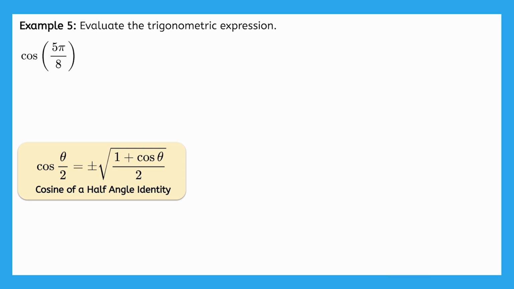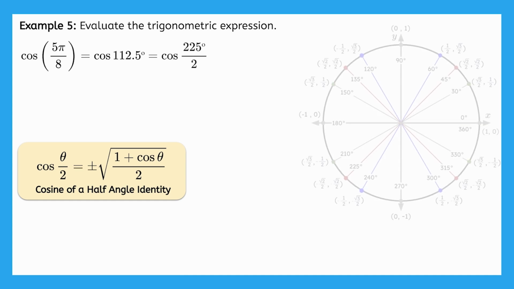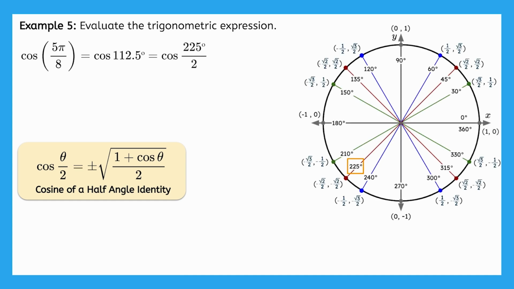Converting 5 pi over 8 to degrees, we get 112.5 degrees, which is exactly half of 225 degrees. Applying the cosine of a half-angle identity, we get plus minus square root of 1 plus cosine of 225 degrees over 2. But wait, does this mean we'll have two answers, a positive and a negative?